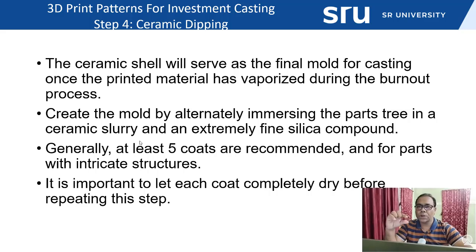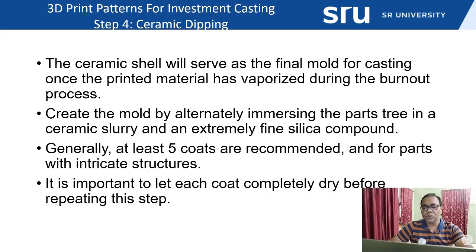Once the proper thickness of the coating is achieved all over the surfaces, when you remove the part tree, a hollow is created inside, and that hollow will be the final cavity. In that cavity, whatever part you are going to build will be filled with the molten materials.